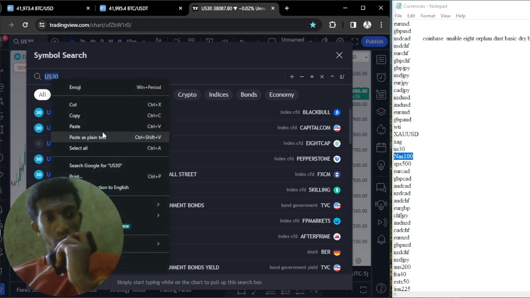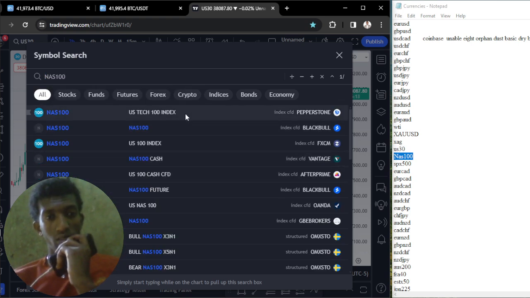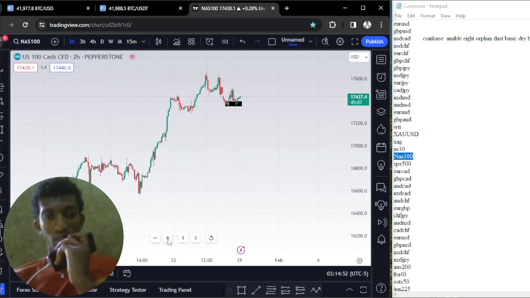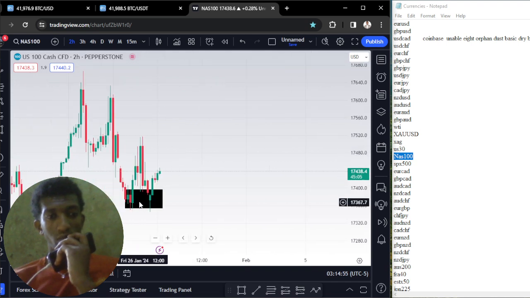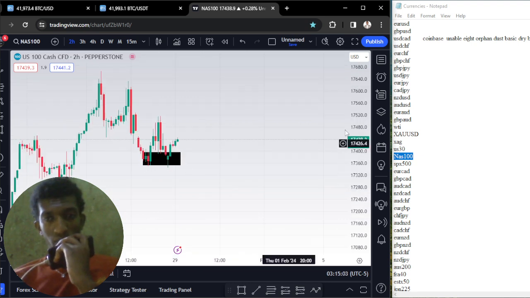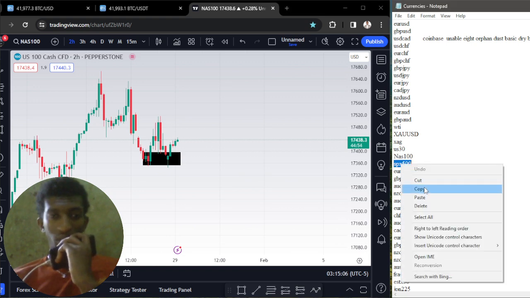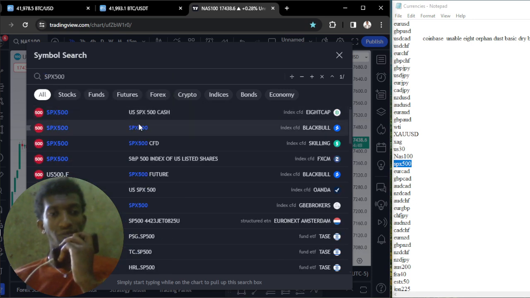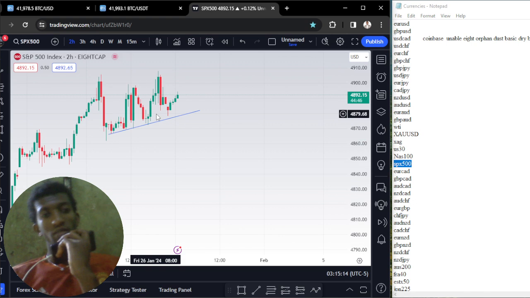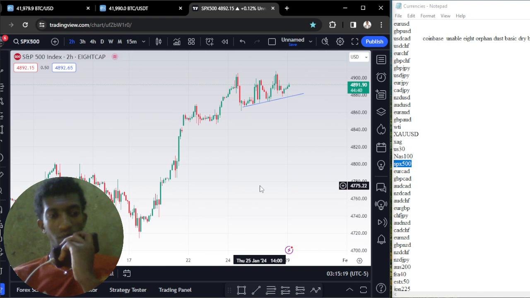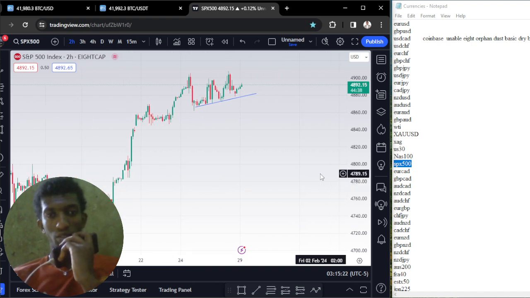silver. US 30 on Nasdaq, US Tech 100 index. As you can see, it found a support. There was a nice trade right there, a nice trade around here selling, but this was Friday night when the market was about to close, so no one takes a trade because there is a weekend overnight commission you have to pay.